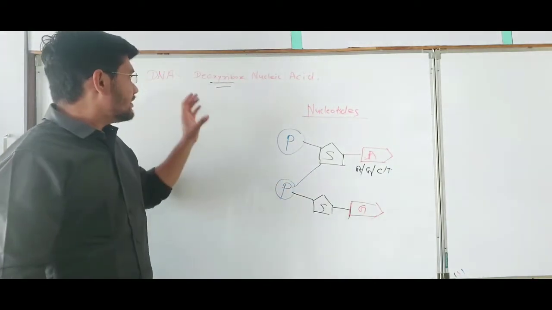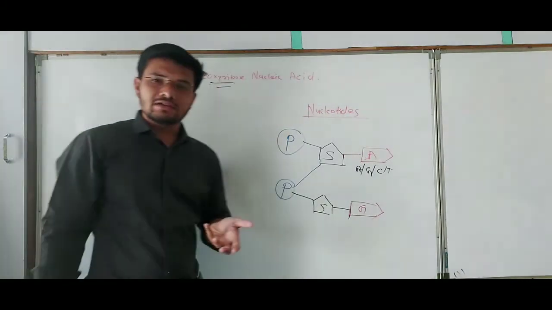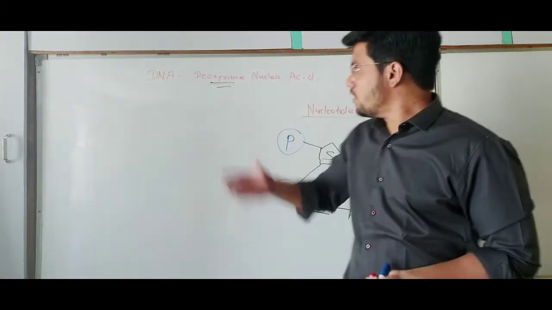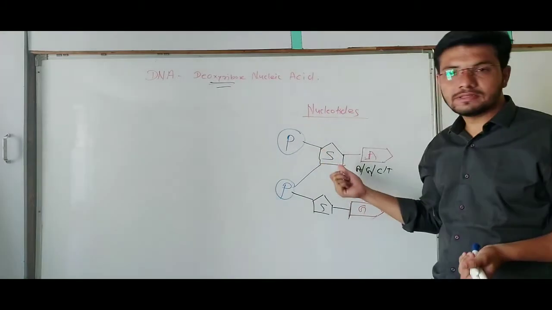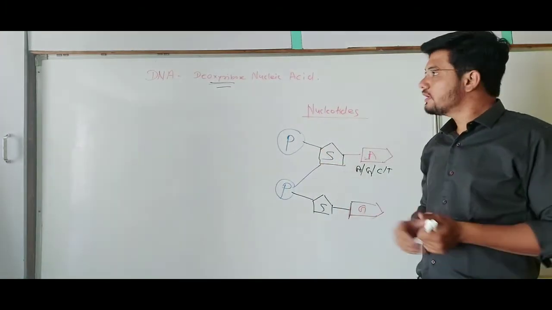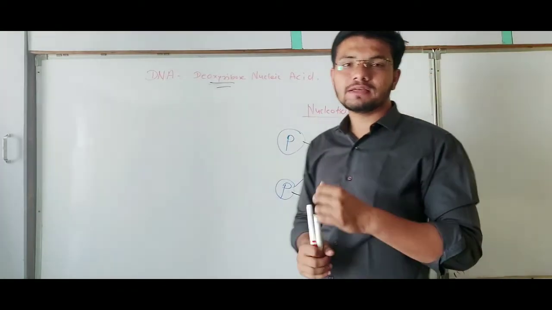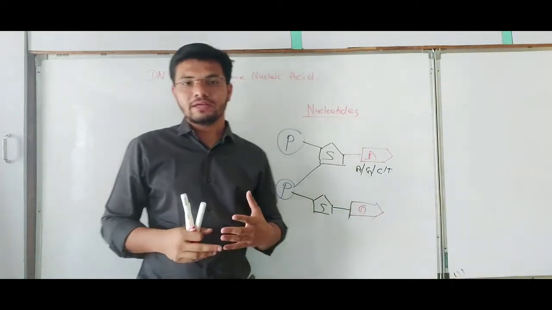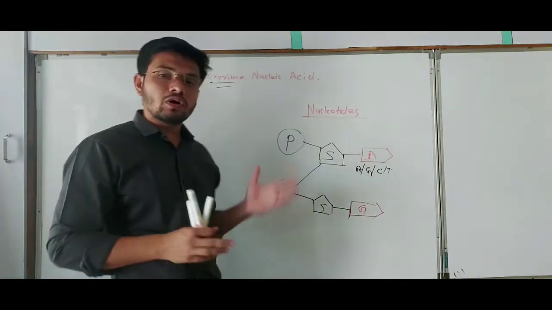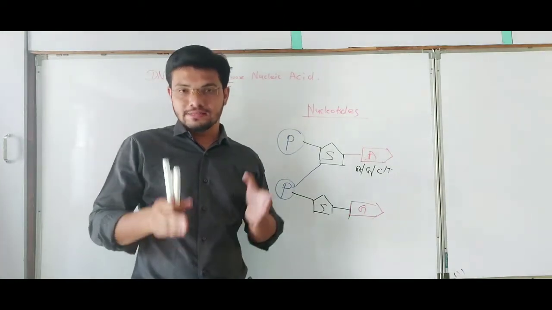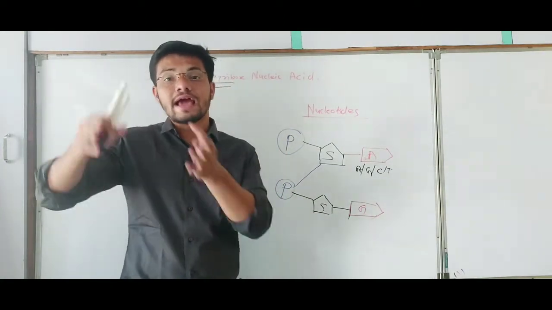If we carefully look at the name of DNA, deoxyribose means this ribose sugar, and acid stands for this phosphate group, phosphate having the acidic property, right? That's why we call DNA deoxyribose nucleic acid.